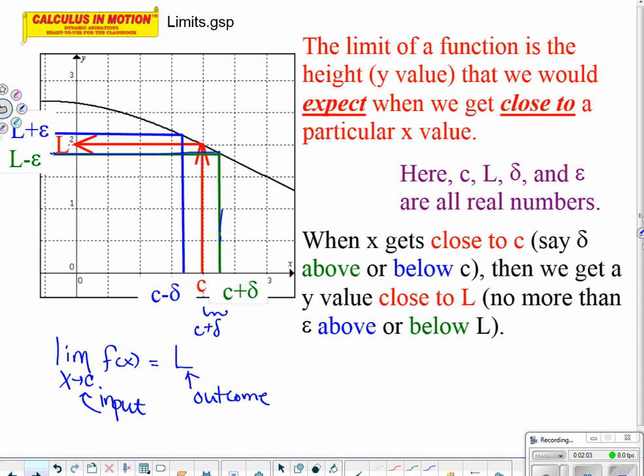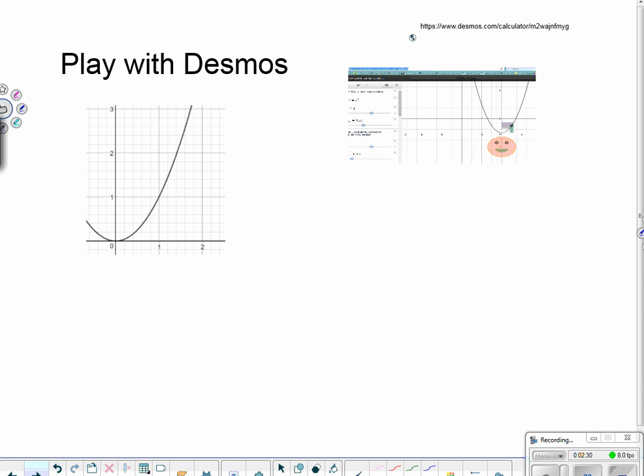And since I'm below, this is the limit minus a certain variance called epsilon. Mainly what we're going to do is control this output. We're going to look to see how close we want to be on the output to help determine how close we must be to c, or how big of a delta we can allow. So you actually kind of work backwards to forwards.